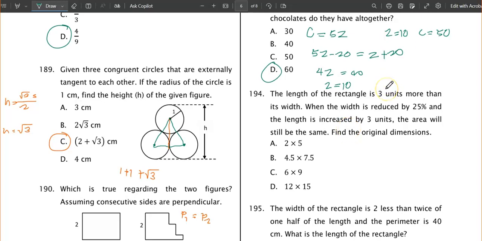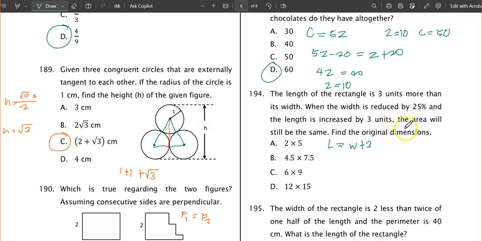Number 194. The length of the rectangle is 3 units more than its width. So we have the length is equal to 3 units more than the width. So this is width times width plus 3. When the width is reduced by 25% and the length is increased by 3 units, the area will be the same.